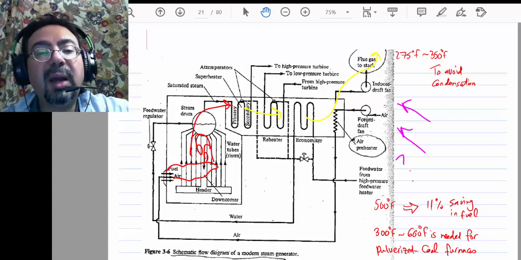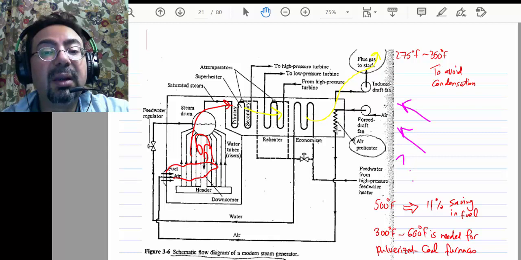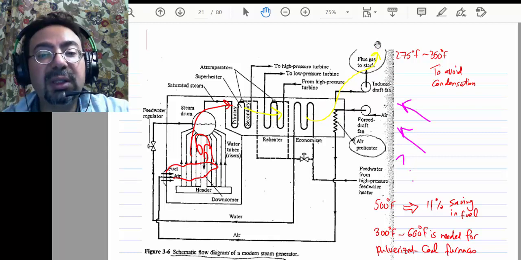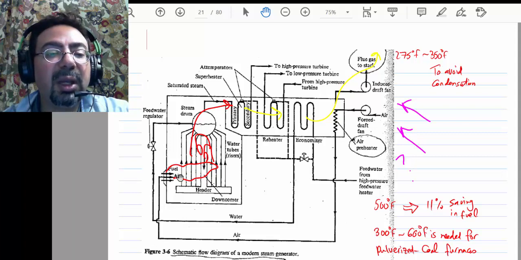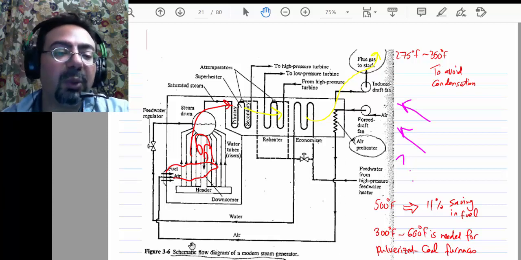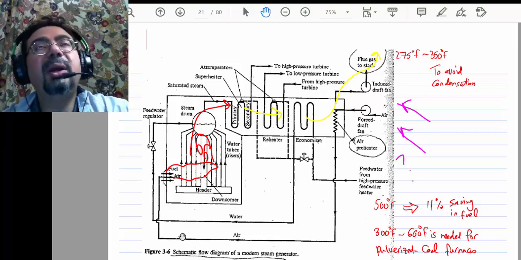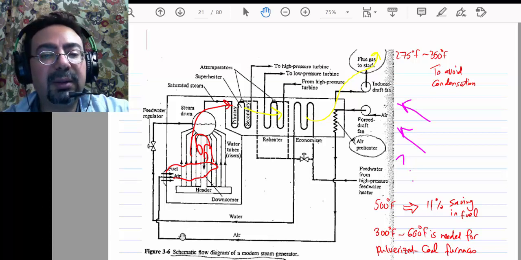So the cold air comes in, and it gets preheated by the exhaust leaving. So that stack, before you send it to the outside, you send the air into an air preheater. I'll show you some sketches of it in a second. But the air gets preheated before it gets admitted to the boiler. So before we send natural gas in, we heat the air, because why would we burn the fuel in cold air? No point.